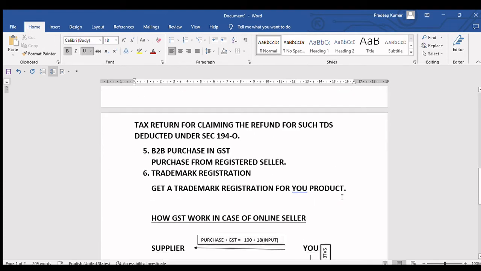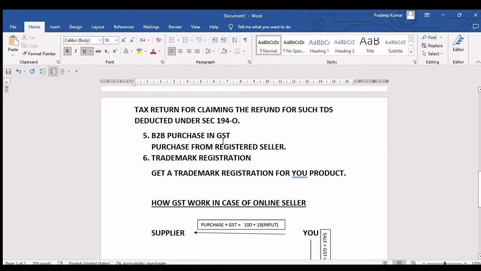So guys, next is B2B purchase in GST, purchase from a registered seller. I also purchase from non-registered sellers, but this is not a practice we should follow. We should always purchase from a registered seller, from a person from whom we can get GST.